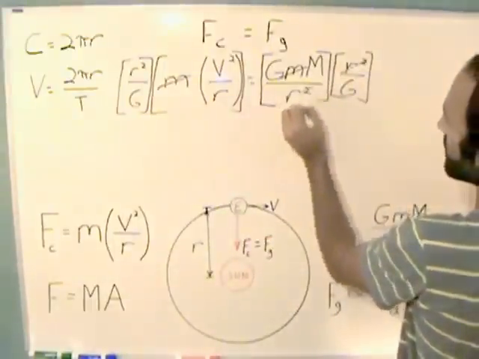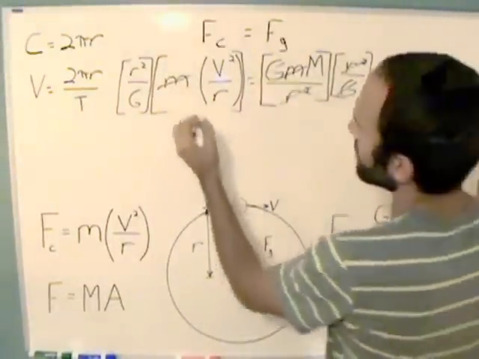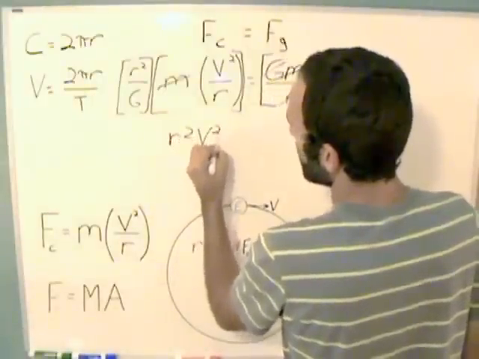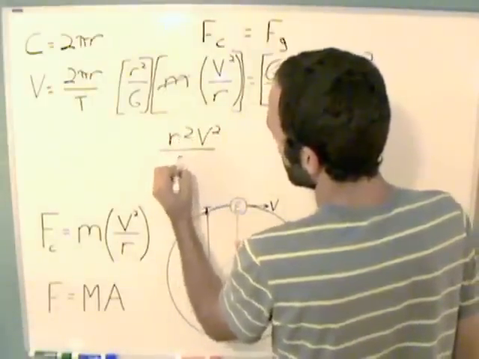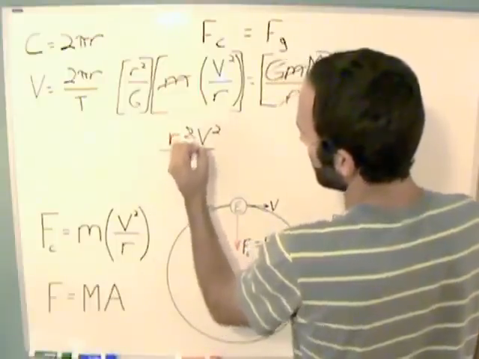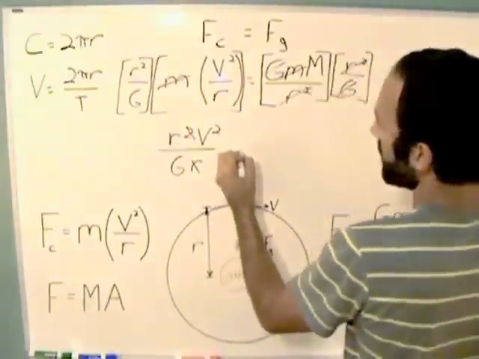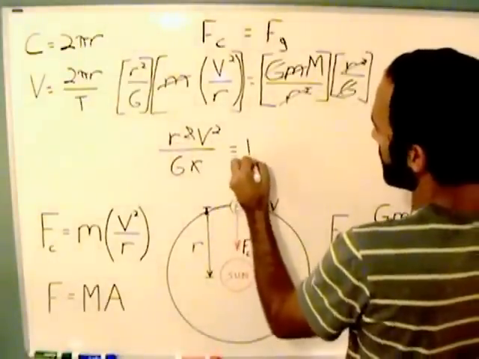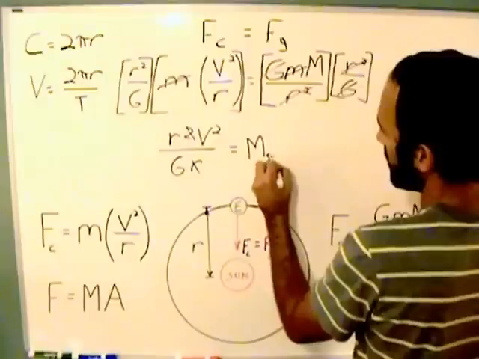So r squared cancels, G cancels. Over here you've got r squared times v squared over G times r, and then this r cancels. So you really just have r times v squared over G is equal to the mass of the Sun.